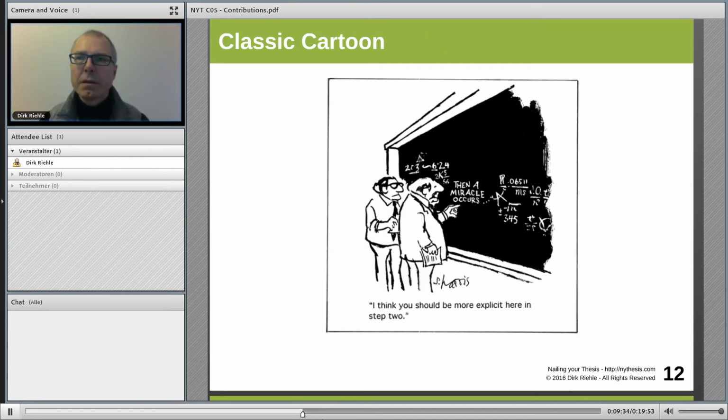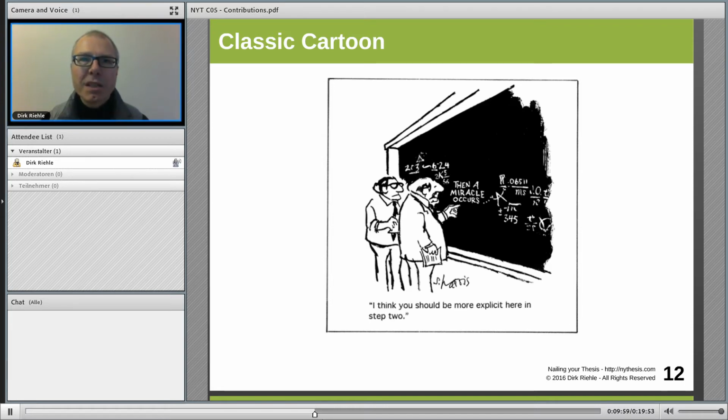I think this mathematician says to the other, reviewing his work in this case, "I think you should be more explicit in step 2." Step 2 is obviously where either the original author on this chalkboard or maybe simply the cartoonist put down, "then a miracle occurs." Oh well.